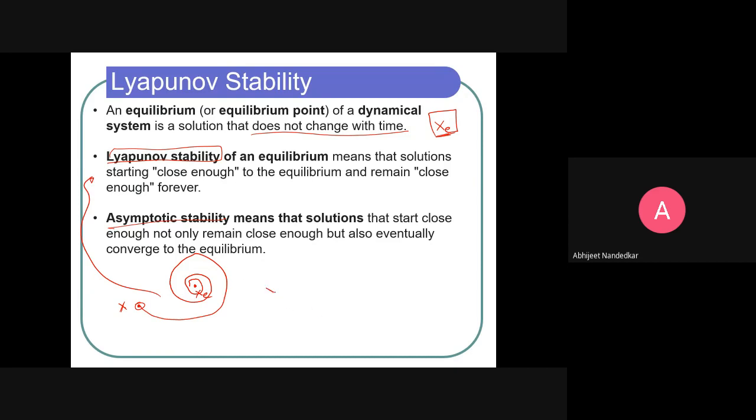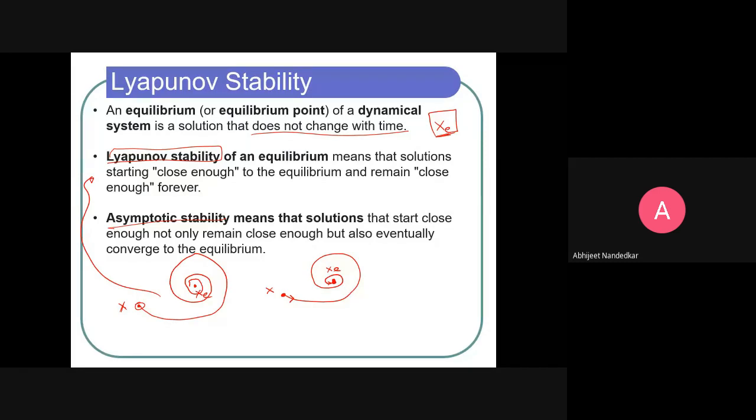When your initial state space position reaches eventually the equilibrium, so when you start with this position and you reach the stable position, equilibrium position means once you reach this point, you cannot move, or your machine will not move from this point anymore.